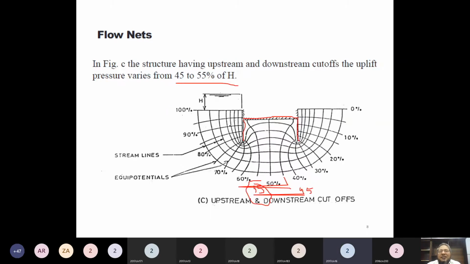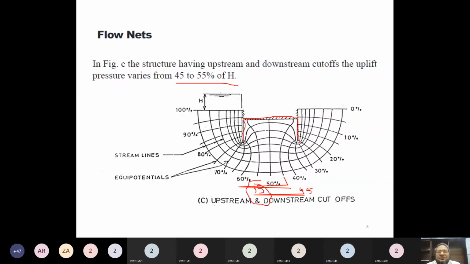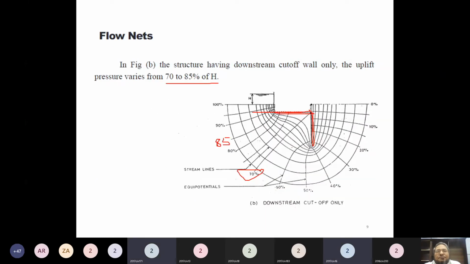Now, considering these three diagrams, what is the location of the sheet pile which gives us the lowest uplift pressure? Upstream. If a sheet pile is provided on the upstream side, it reduces the uplift pressure to 15 to 28%. What is the location which gives us the highest pressure? Downstream.